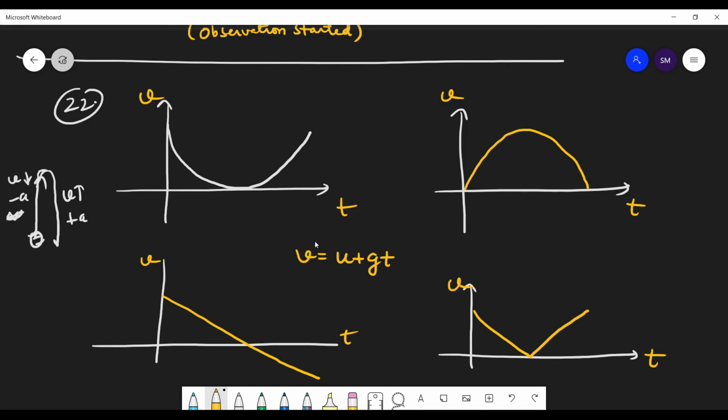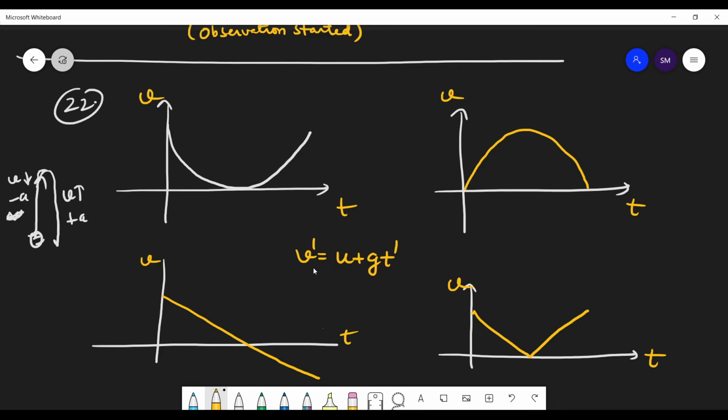So here power of V is 1, power of the variable T is 1. So when both the powers are 1, which graph will you get? Non-linear or linear? Linear graph, right? Yes or no?